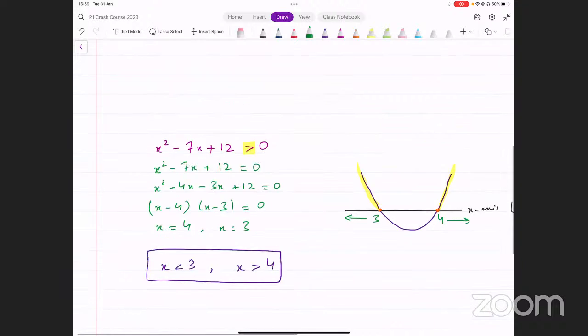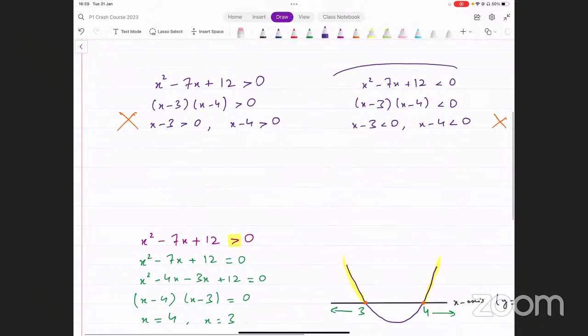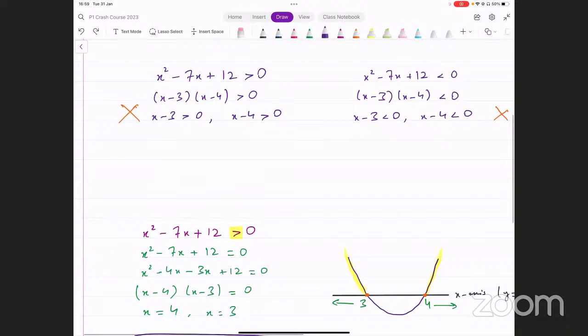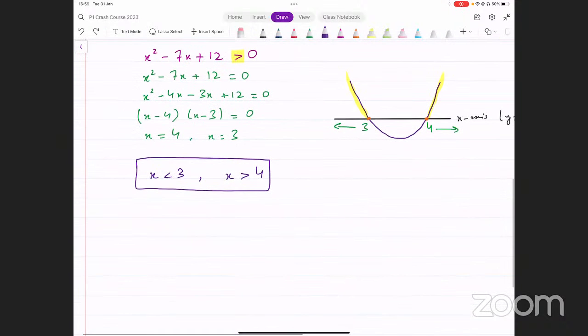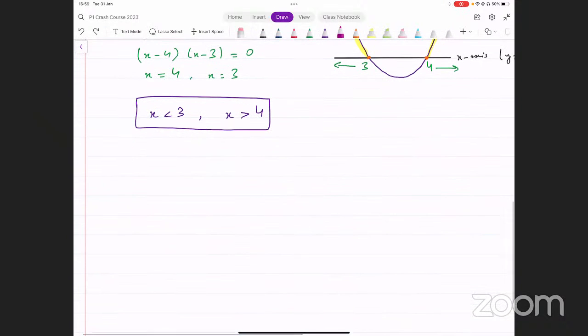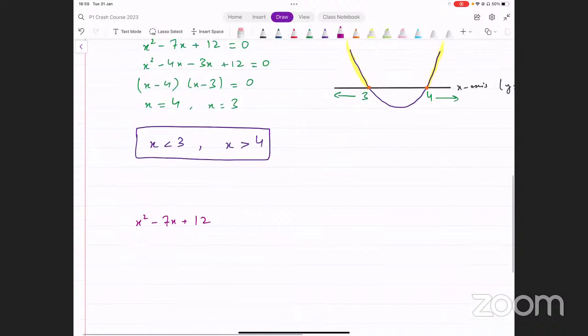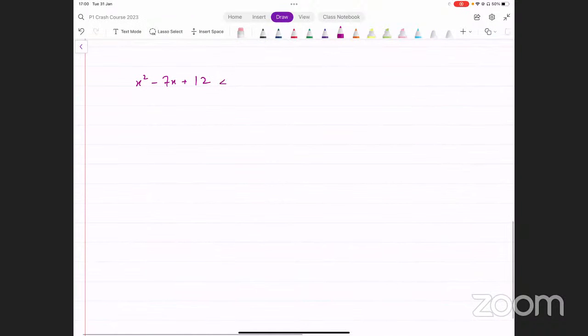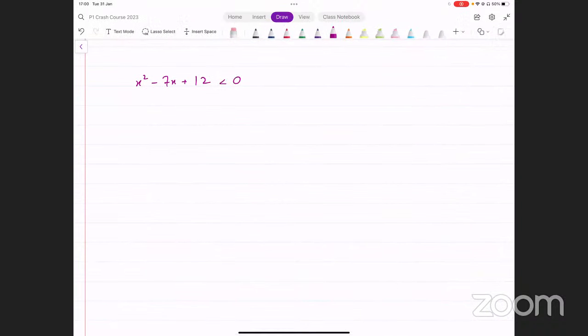Now, let's take the other inequality that we also wrote there. Let's try that now. So the other inequality was x squared minus 7x plus 12 less than 0. How do you solve this inequality? Again, what you do is you treat this as an equation first.